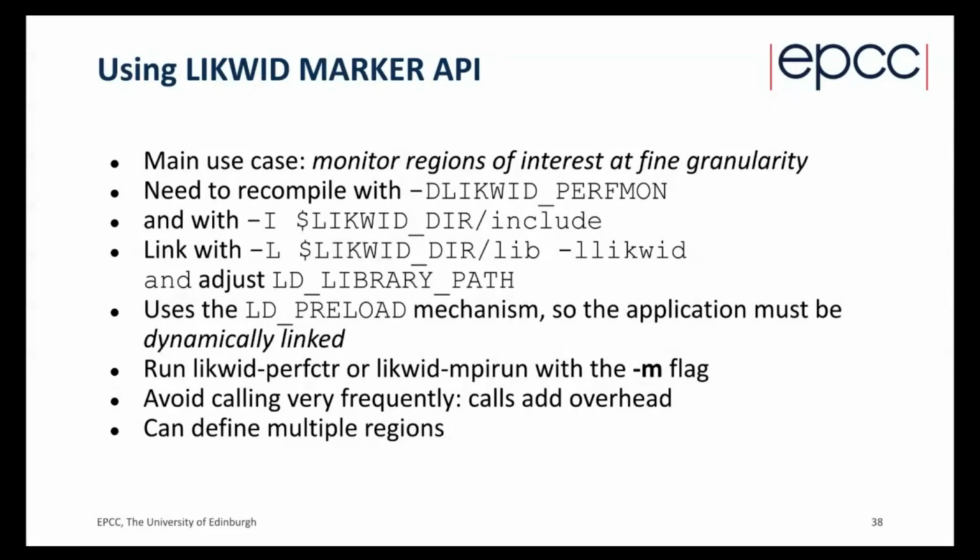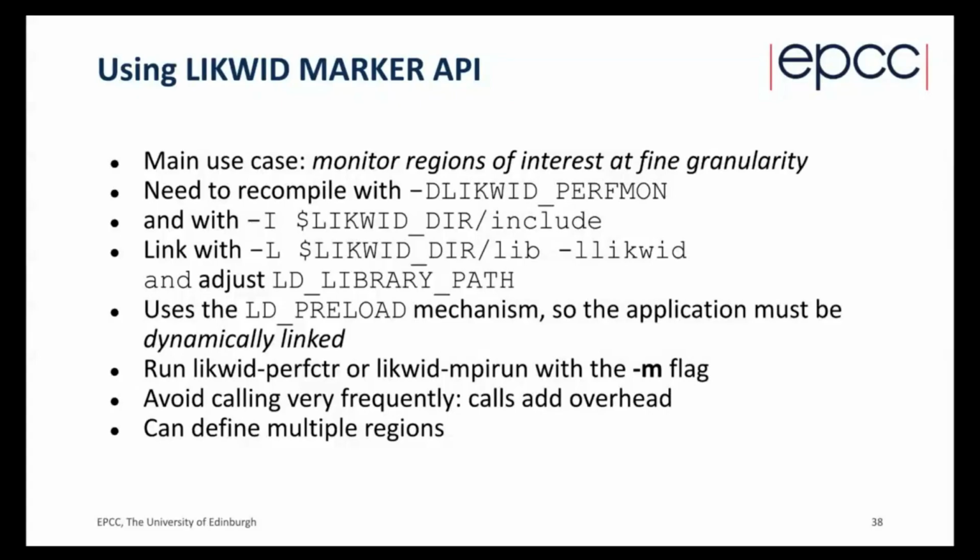And then when we link, we need to also refer to the location where the libraries are with capital L, liquid dir lib, and refer to the library name, which is lib liquid, so it's -L liquid on the link line for link flags, and we adjust the LD library path accordingly.